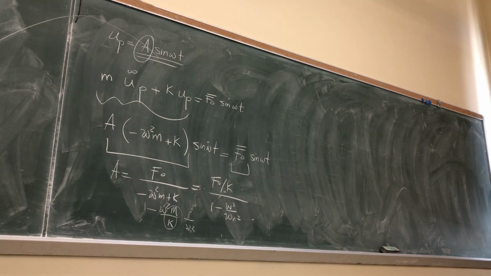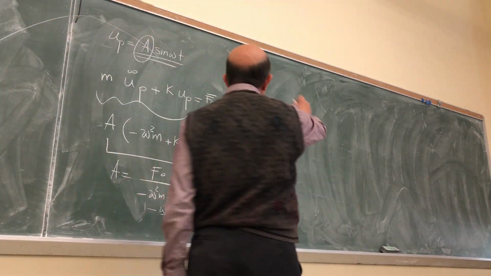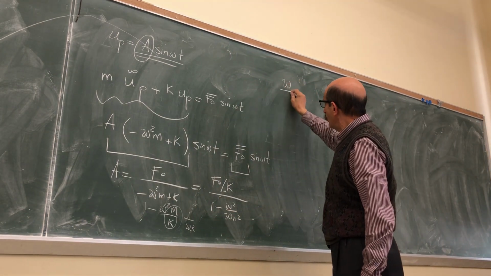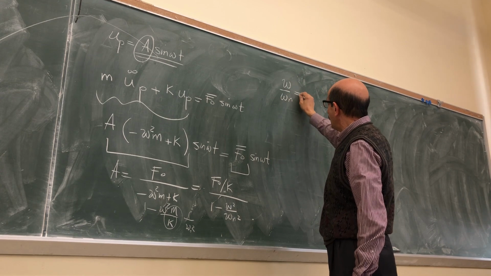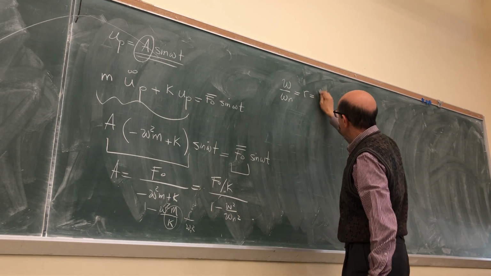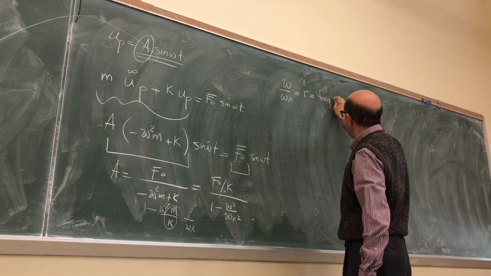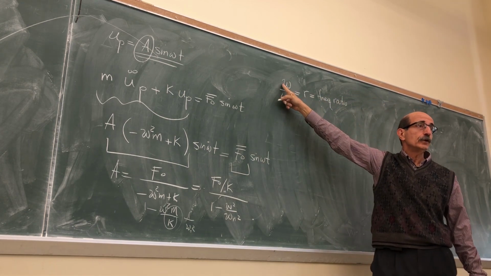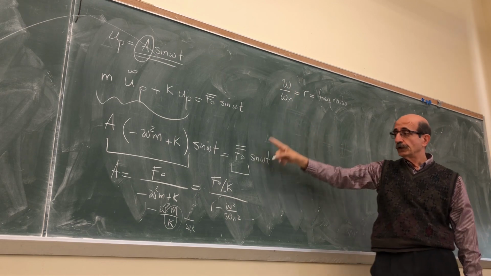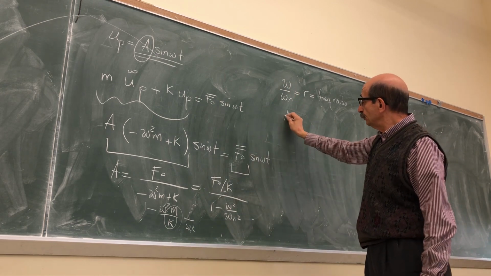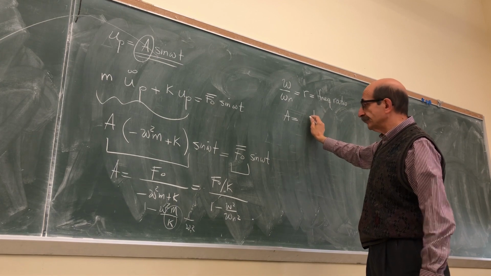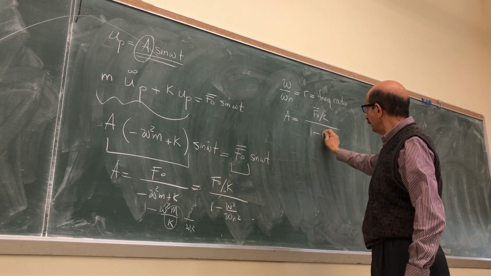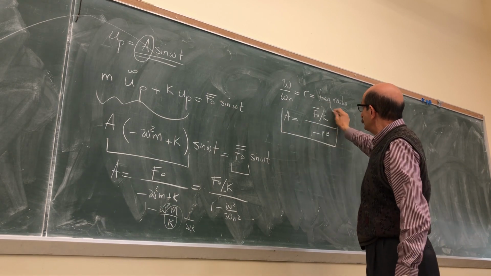Let's call this ratio of omega over omega n as r. We call this the frequency ratio, the ratio of the forcing frequency over the natural frequency. So the amplitude takes the form f0 over k over 1 minus r squared.